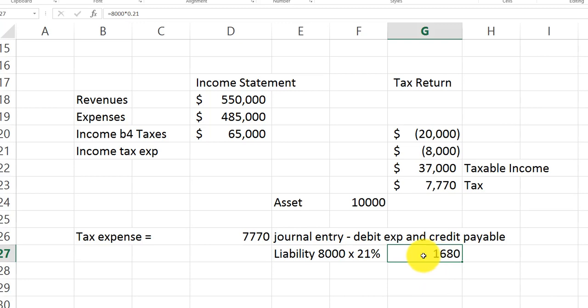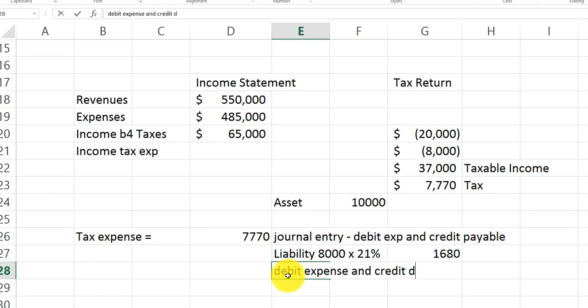Now, because there was no liability from previous years, we can go ahead and make a journal entry for the 1,680. If there was an existing liability, we would only be looking at the change in the liability. But because there is no liability existing, we're going to make a journal entry for this. We're going to debit the expense, income tax expense, and credit the liability, deferred tax liability, not the taxes payable.